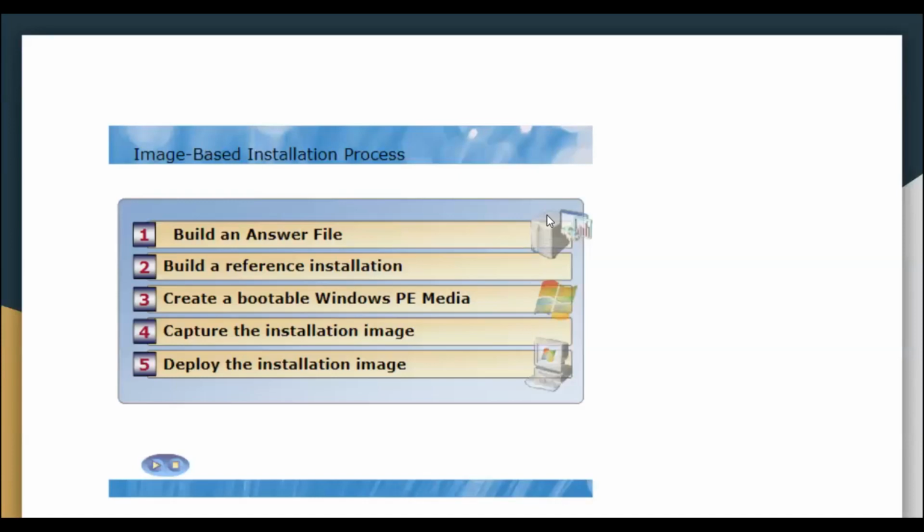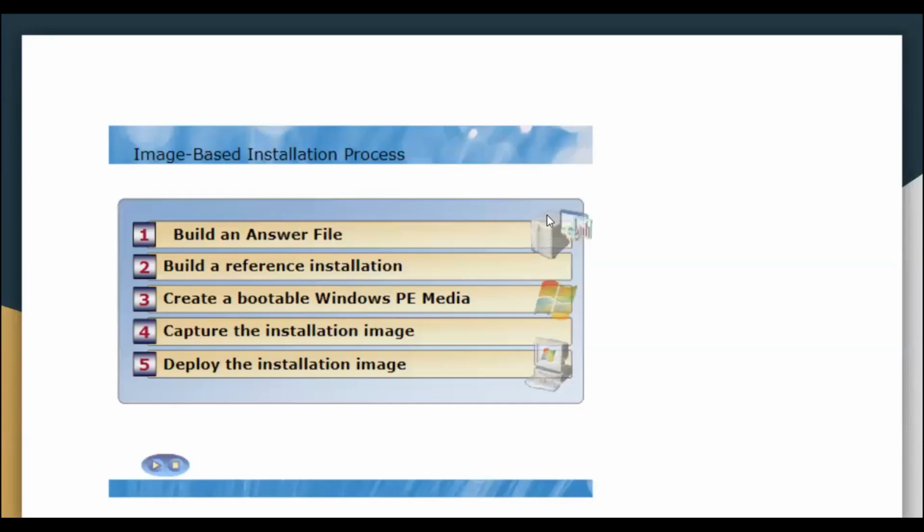So the overall steps in the imaging process are: install and configure Windows 7 and applications on a source workstation. Use Sysprep to generalize the source workstation for imaging. Boot the source workstation using Windows PE.